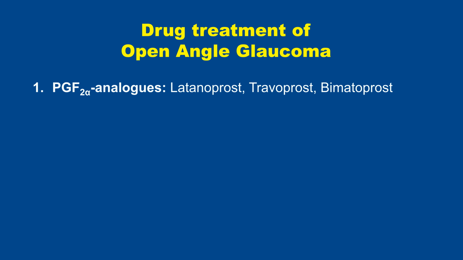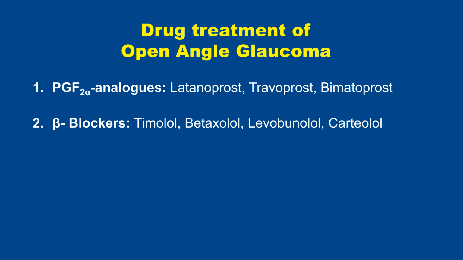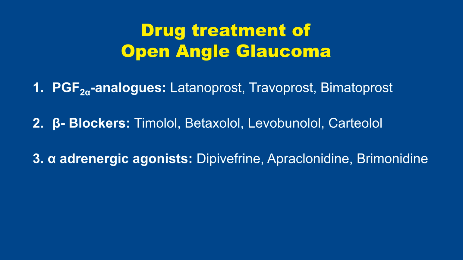Now coming to the drug treatment of open angle glaucoma. First class of drugs include PGF2 alpha analogs, that is prostaglandin analogs. These drugs include latanoprost, travoprost, bimatoprost. Beta blockers, that is the second class of drugs, include timolol, betaxolol, levobunolol, and carteolol. Third class of drugs, that is alpha adrenergic agonists, include dipivefrin, apraclonidine, and brimonidine.